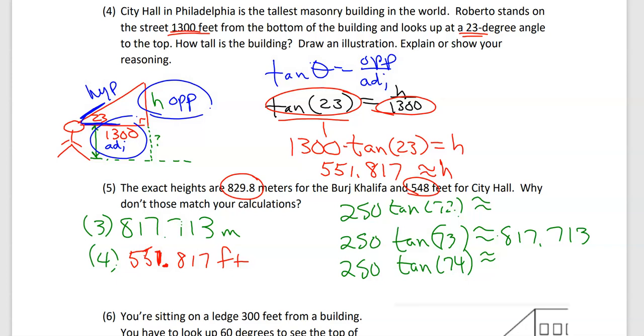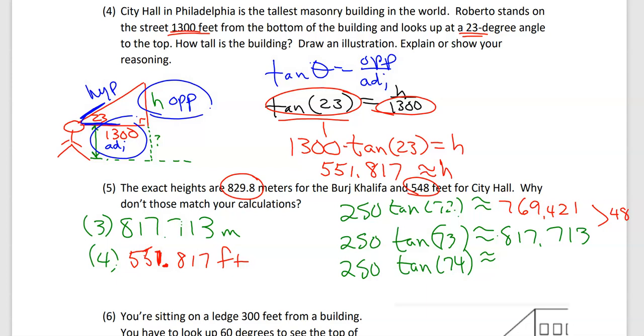All right, so for 250 tangent of 72 degrees, hopefully you got an answer of 769.421 meters. So we're looking at approximately a 48 meter difference.